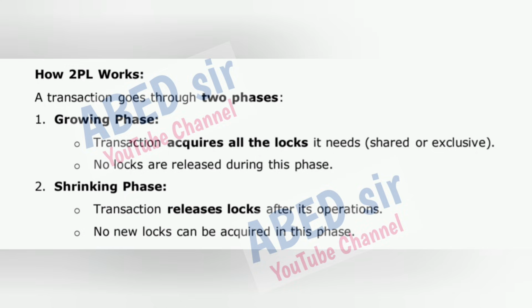A transaction goes through two phases. 1. Growing phase. Transaction acquires all the locks it needs, shared or exclusive. No locks are released during this phase. 2. Shrinking phase. Transaction releases locks after its operations. No new locks can be acquired in this phase.